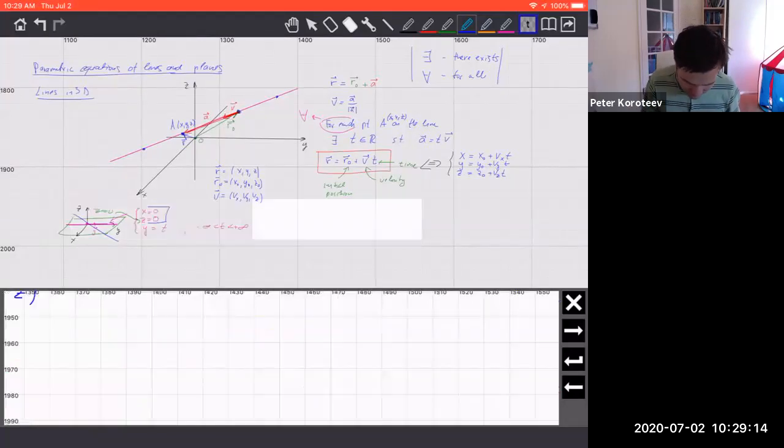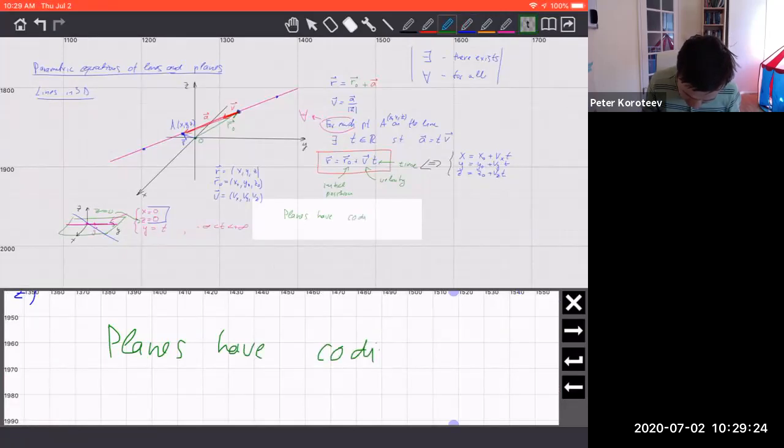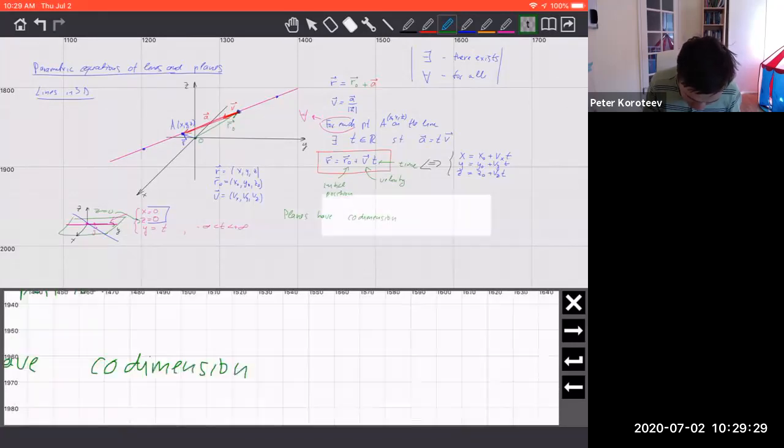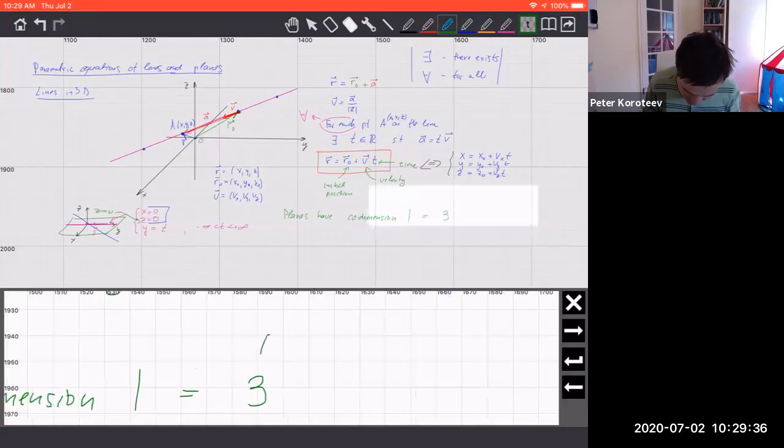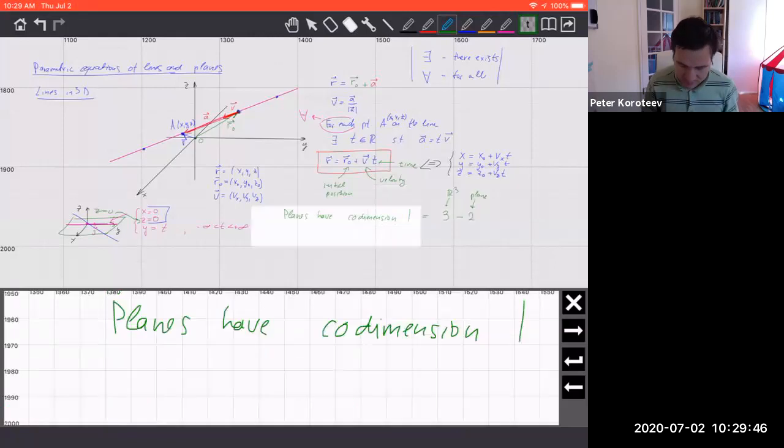That's why we say that planes have, and this is the new term here, codimension 1. Codimension is the number of dimensions of R3, the three-dimensional space, minus 2, that's the plane, because the plane looks like R2.